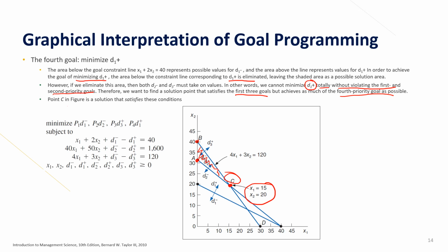If you go down again here, you see that it is going to violate one of the priorities. So we decide to select C as the solution for this goal programming.